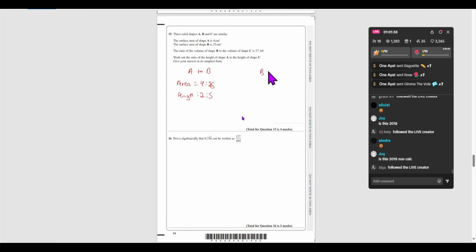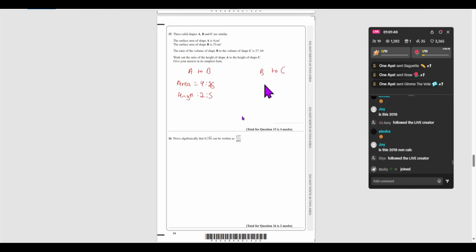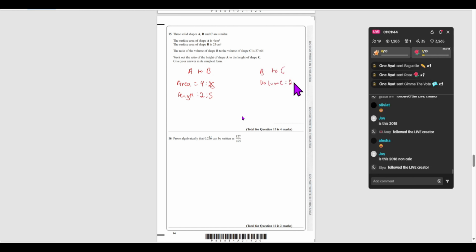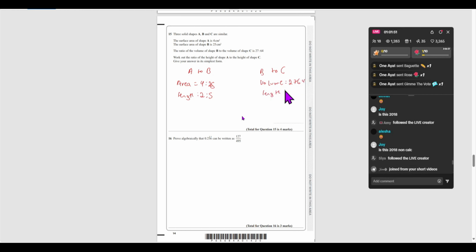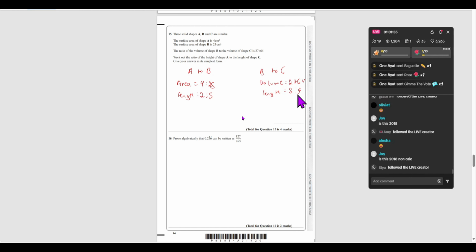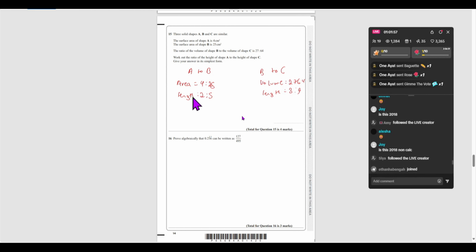Now from B to C, the volume ratio is 27 to 64. And the length ratio will be 3 to 4.